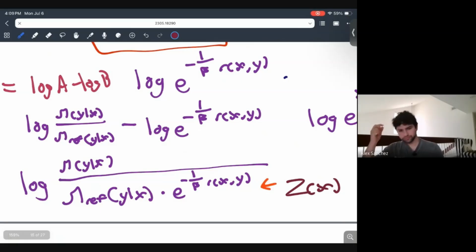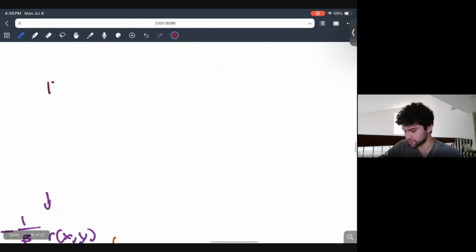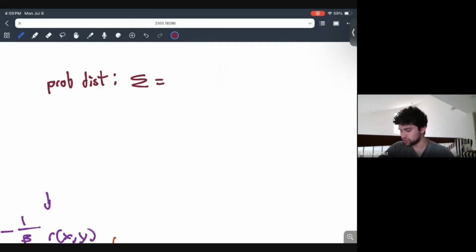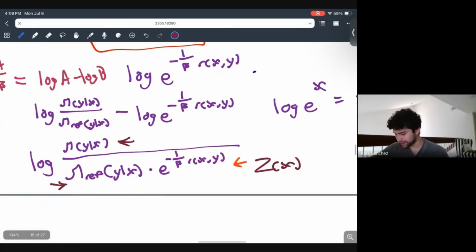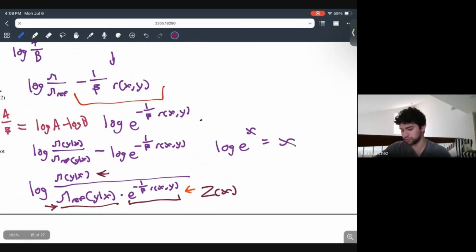remember that for this to work out, the top has to be a probability distribution, and so does the bottom. Now, for something to be a probability distribution, everything has to equal, once added, 1, right? Now, since we added this bit right here, we don't necessarily know for certain that everything will add up to 1. We know for sure this is a probability distribution.